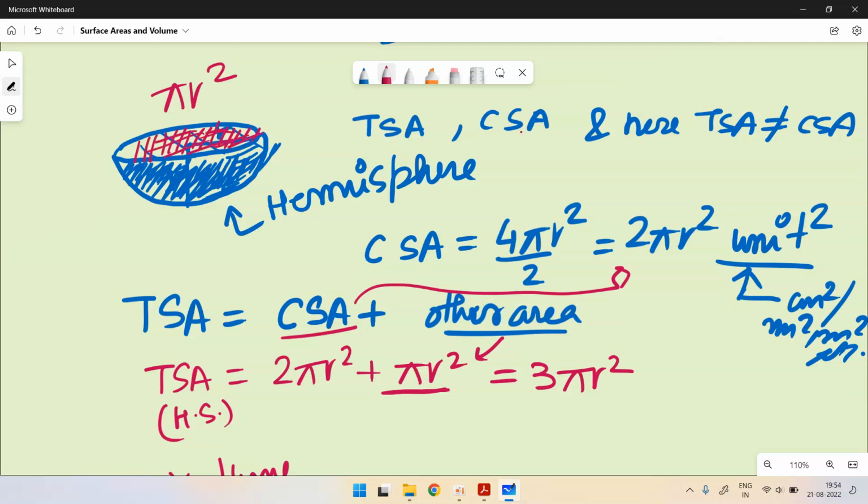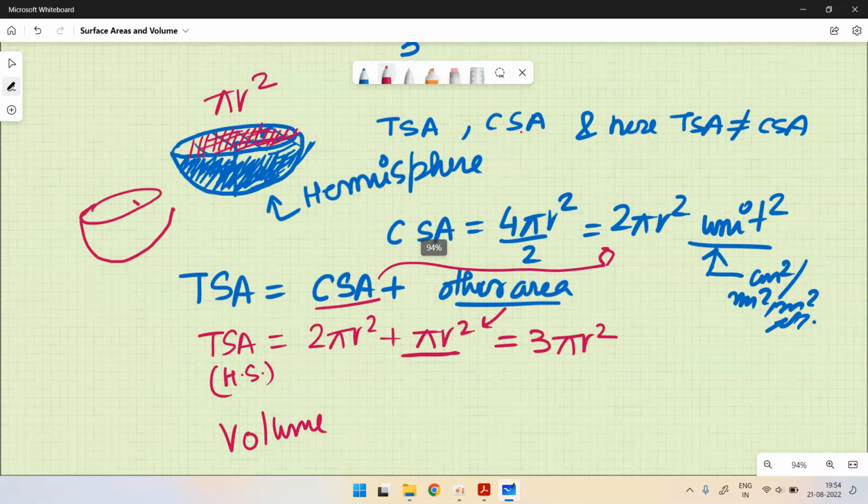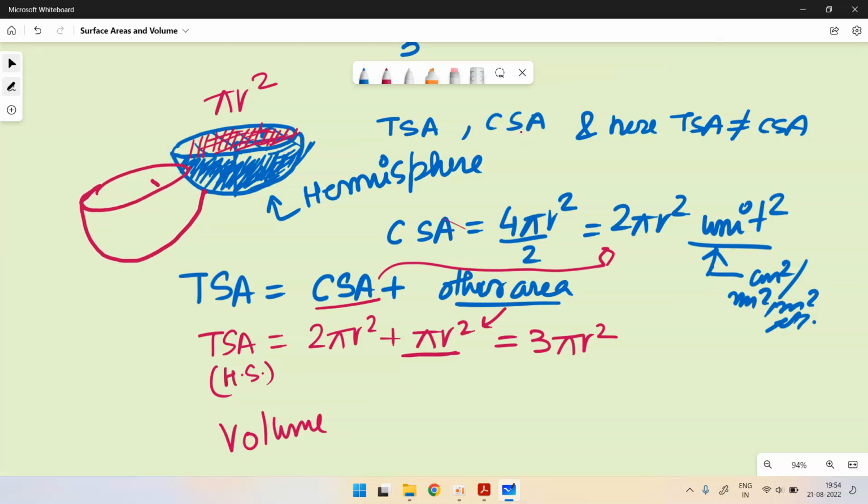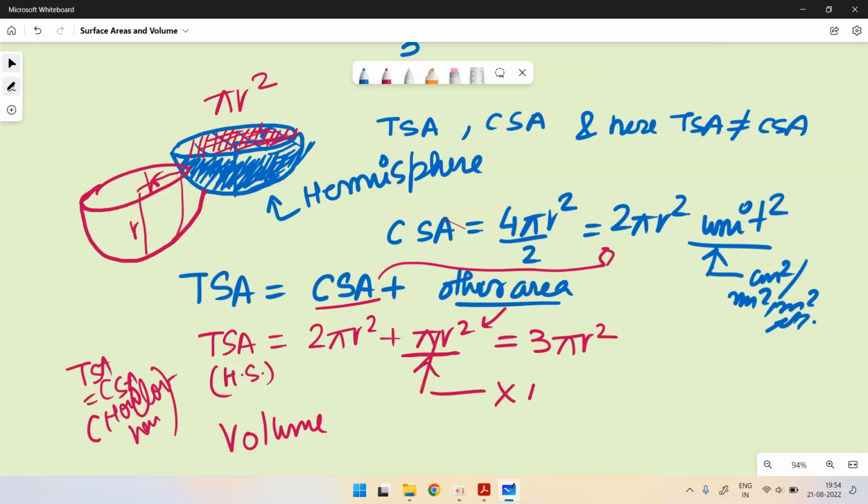But when this is not solid, that is, there is a hollow hemisphere, then TSA will be equal to CSA in the case of a hollow hemisphere, because this pi r square factor will not be present in a hollow hemisphere.